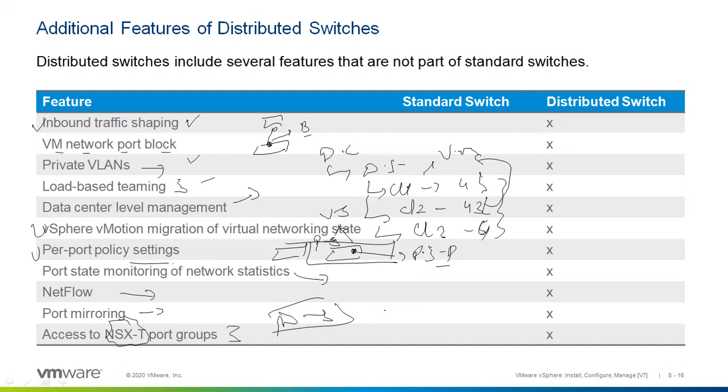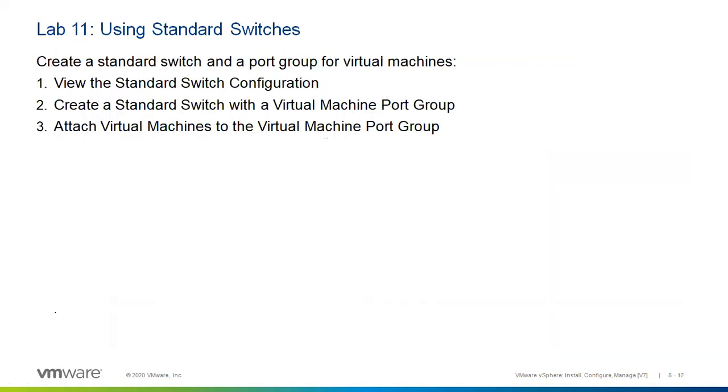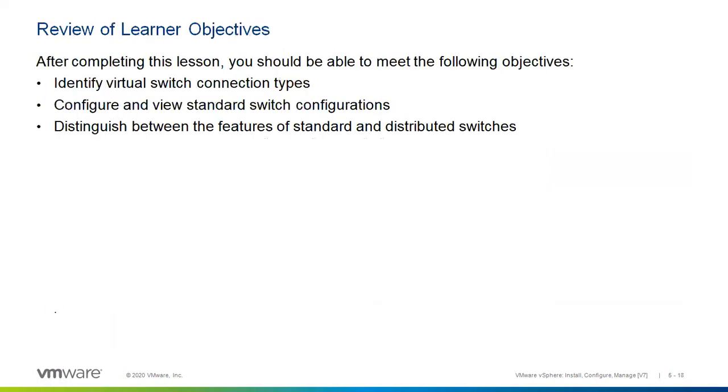So if someone asks you the difference between the standard switch and the distributed switch, these are the big list of differences you can describe. Also, the major difference is that the switch is created at the data center level, so I don't need to recreate the switch on each and every host individually as compared to the standard switch.